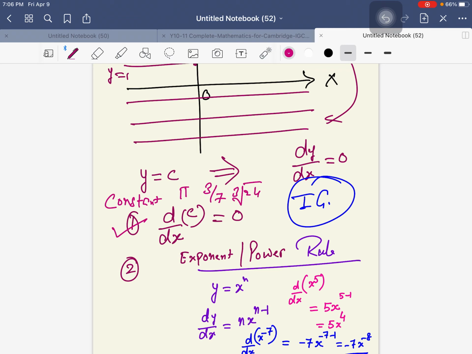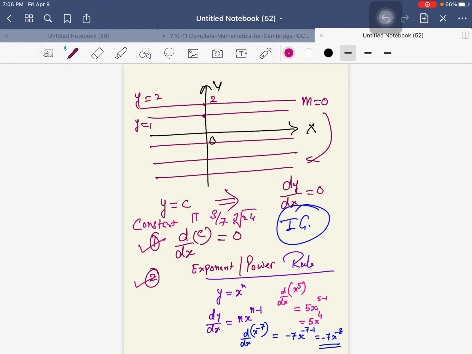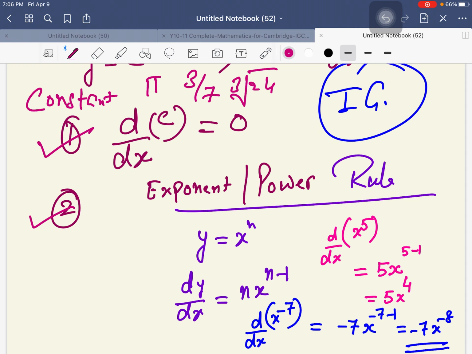Derivative of any constant is 0, and by power rule we can find derivative of any rational or any polynomial expression in terms of power. So x power n is nx power n minus 1.